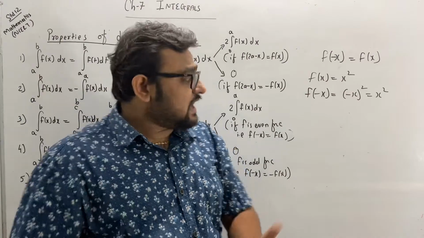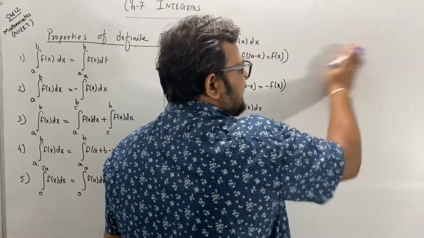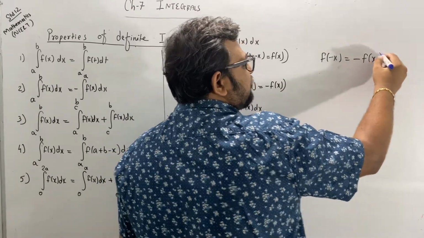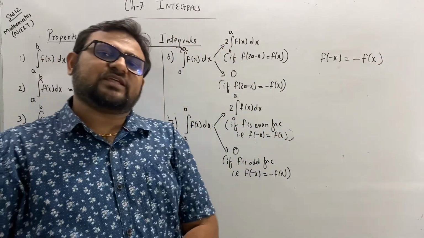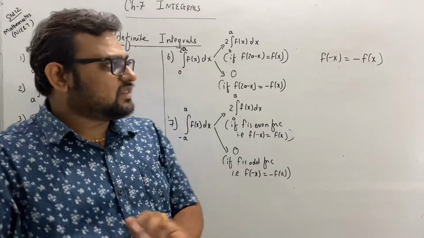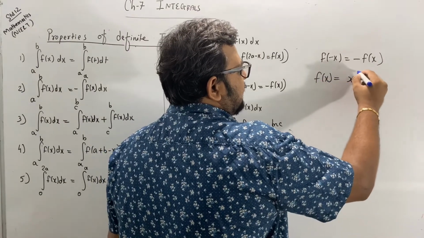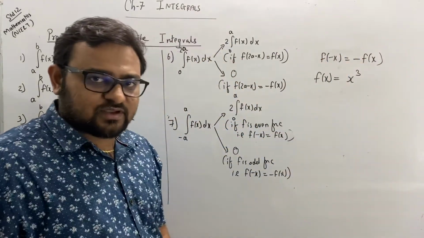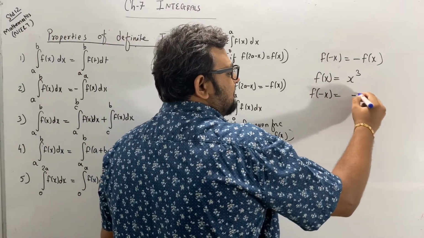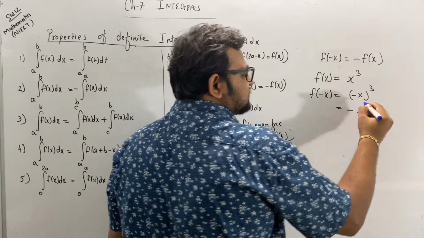Clear? Now the odd function. If f of minus x is equal to minus f of x, then it is called an odd function. Let's take an example, f of x is equal to x cube. What will be f of minus x? Minus x whole cube, so this will be minus of x cube.